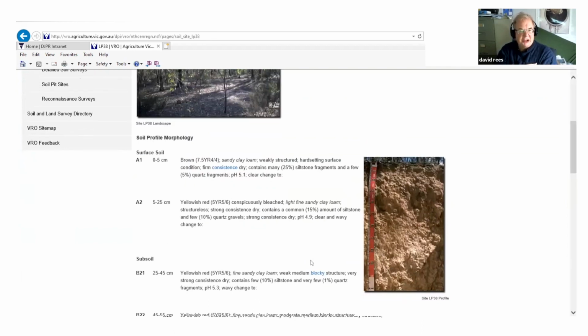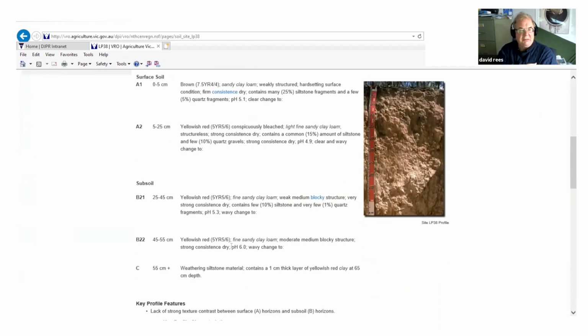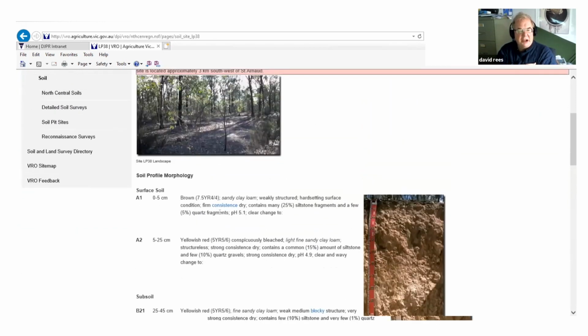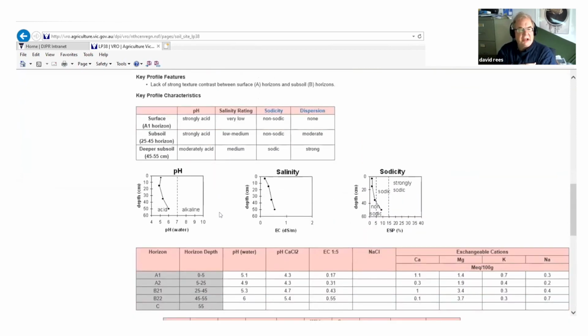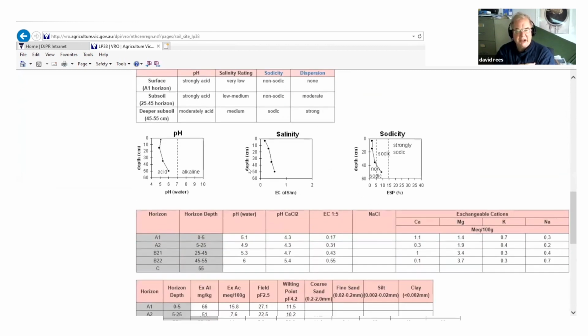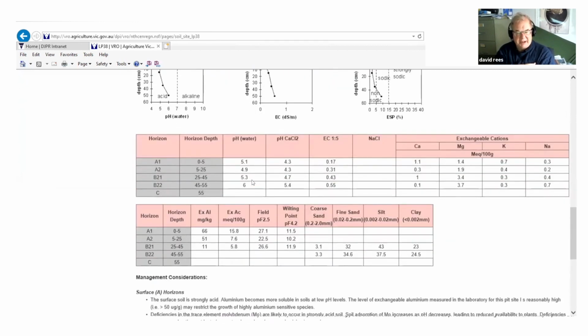So here we've got a relatively shallow soil, and there's descriptions, and then we've got pH values, and then we've got the characteristics, the summary up the top in the key profile ones there, and then we have more specific data, similar to the South Australian examples.